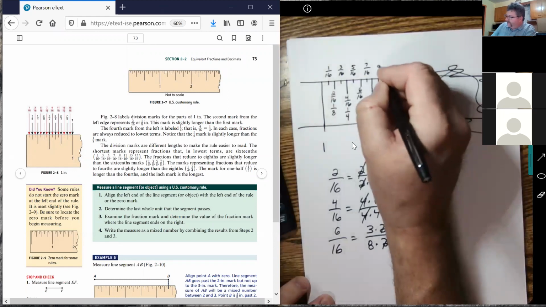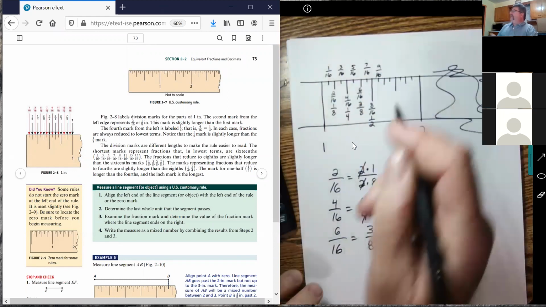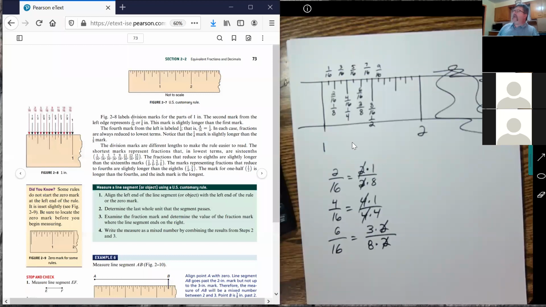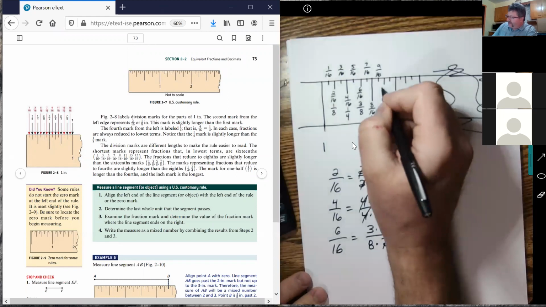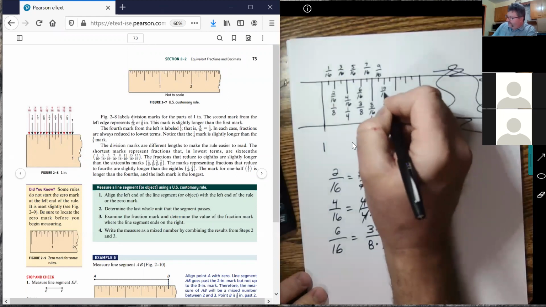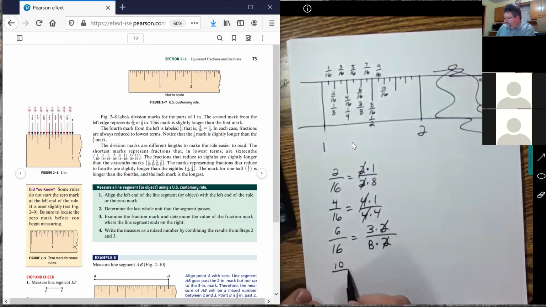All right, but what's after 8/16? Well, that would be 9/16, right? We're just counting the 16ths is all we're doing here, and we're simplifying if we can. 9/16 I can't simplify. 10 out of 16 I can though, right? 10/16, what the heck is 10/16?